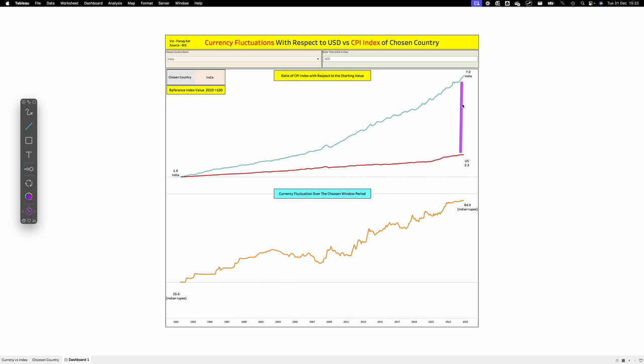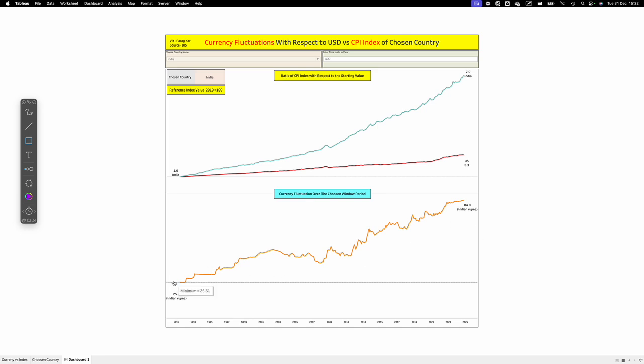And because of this gap, you will find that the Indian currency, which was at 25.6 Indian rupees at the start of the window period, July 1991, is now at 84 rupees when this data was available, which is October 2024. After that, there has been a huge, significant depreciation. Now it is 85.6.